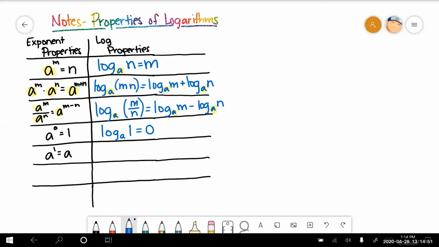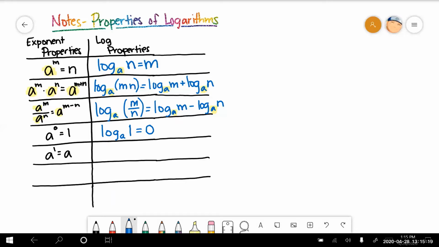Again, that refers back to the first property up here, where a to the m equals n. You're looking for exponents that produce n. In this case, we're looking for exponents that will produce 1, and the only exponent that we know of that will produce 1 is 0. So be aware of this one. This is a good property to have at your disposal.